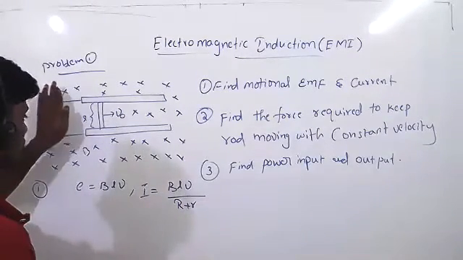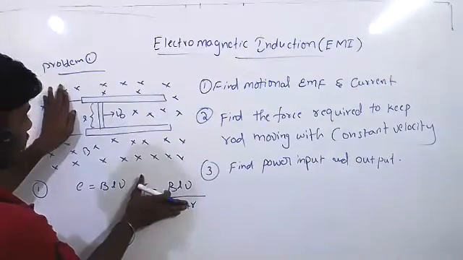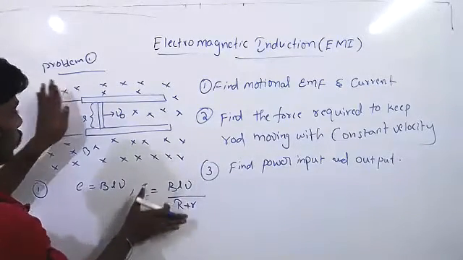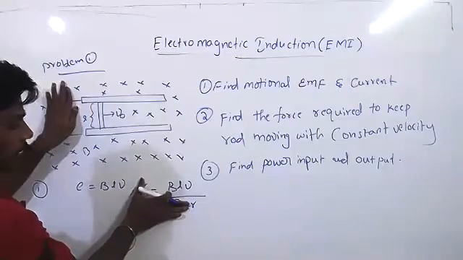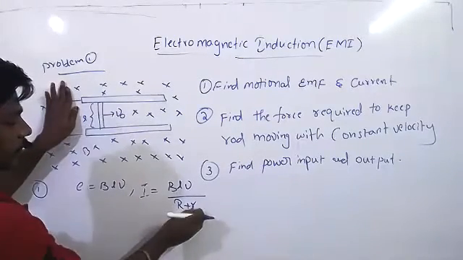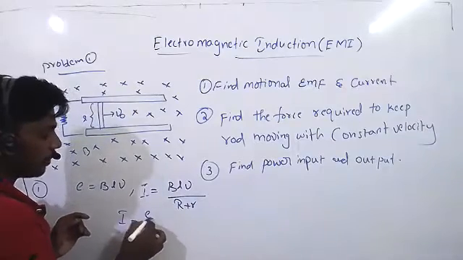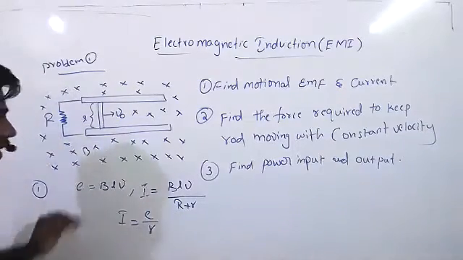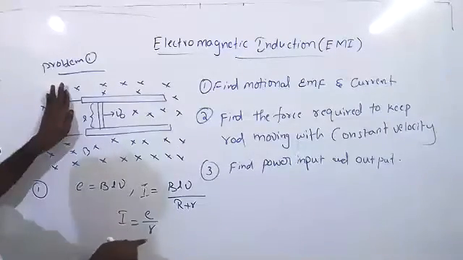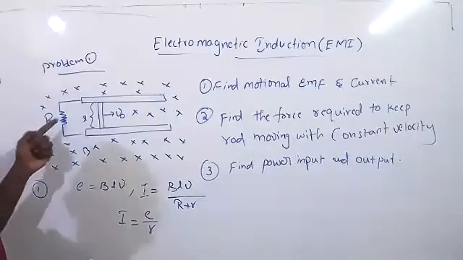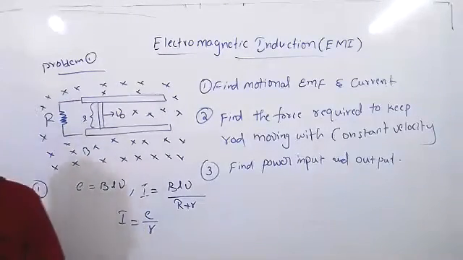If they don't give external resistance, we used to write that one, right? It is the internal resistance. At that time we used the formula E by small r. Now they have given external resistance also, and both resistors are in series, so we have to use this formula.